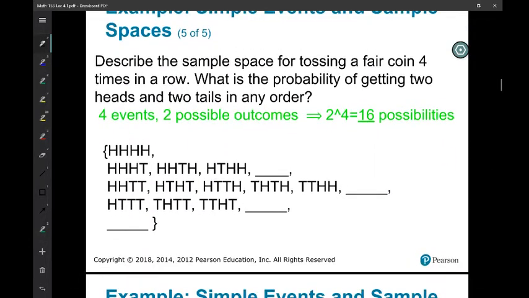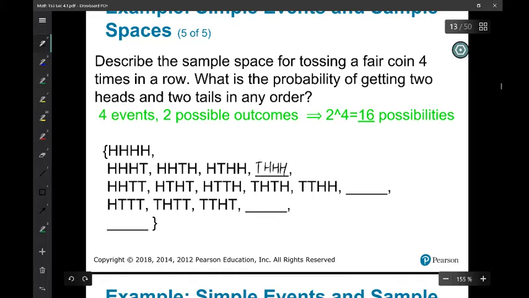Alright, so go ahead and pause the slide and fill in these blanks here, and note 16 possibilities. Okay, very good. Here you would have a tails and then 3 heads.